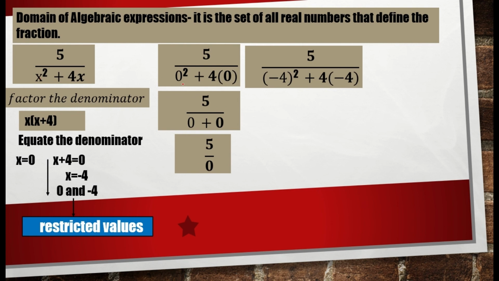Next, we will try negative 4. We have negative 4 squared, so the answer is 16. And then 4 times negative 4, the answer is negative 16.